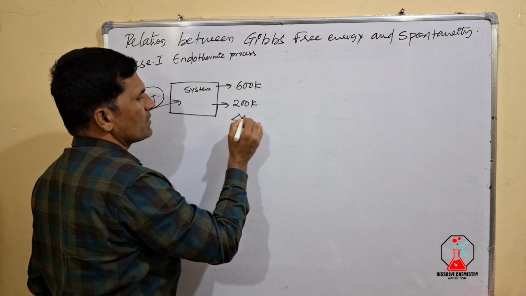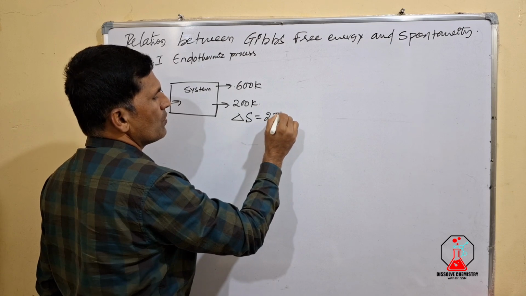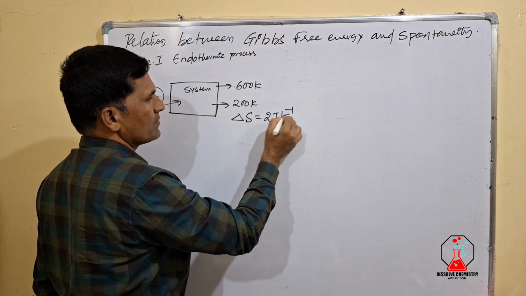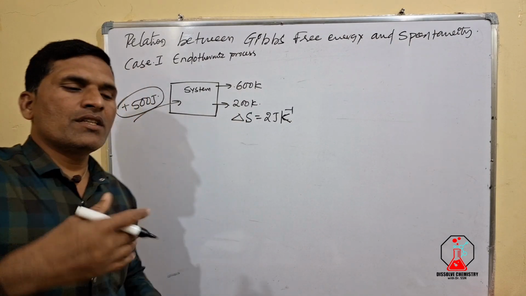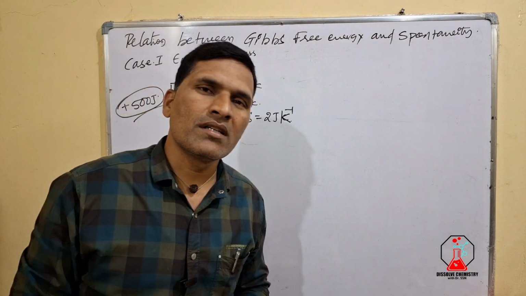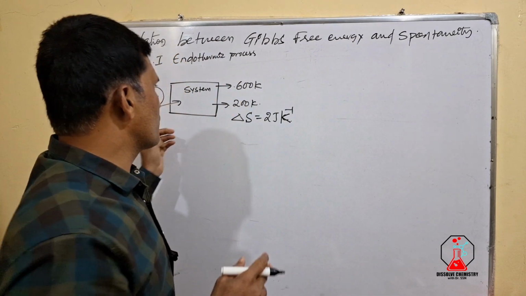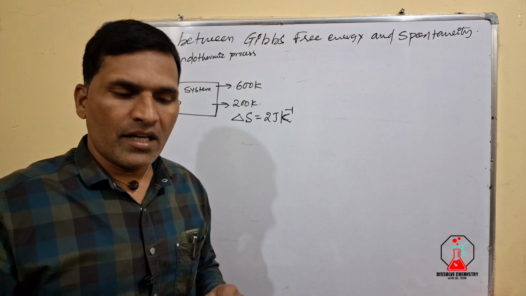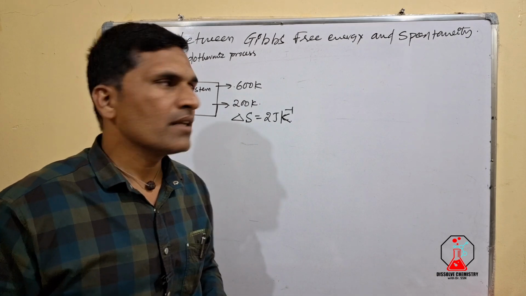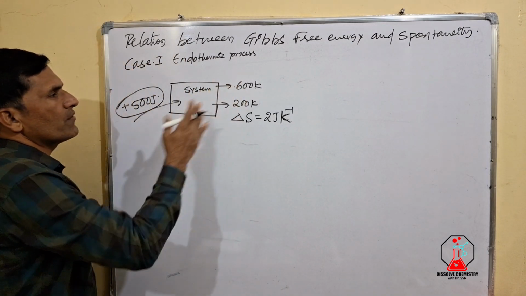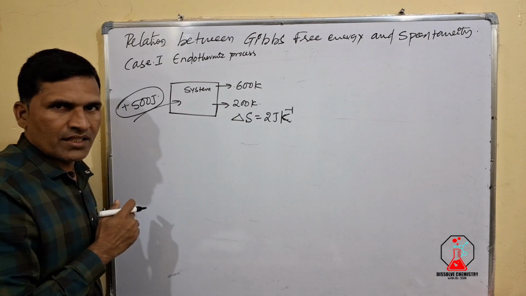And let us fix that your delta S is equal to 2 joule per Kelvin. It means your change in entropy is positive, so your system is going to expand by the absorption of this energy, with 2 joules per Kelvin. Now we will see what our delta G would be at 2 different temperatures.